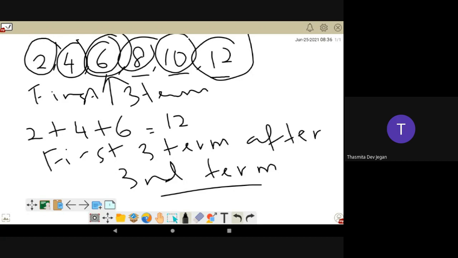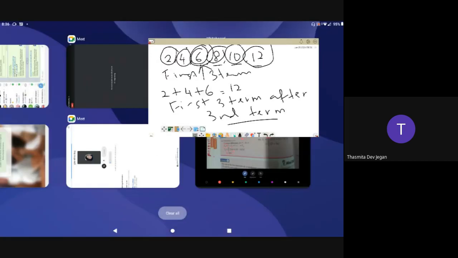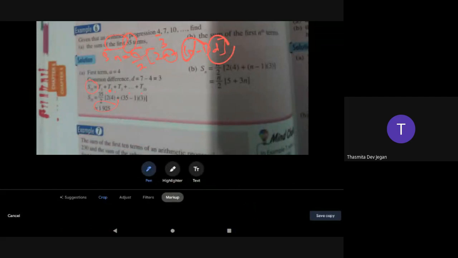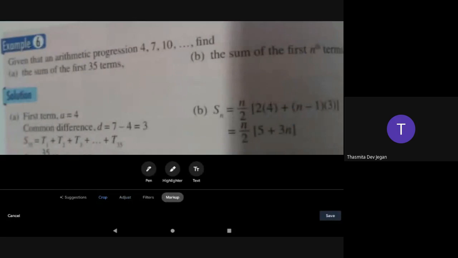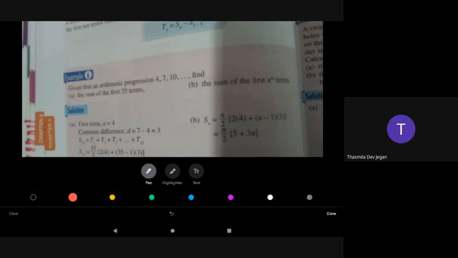So here let's continue example 6b, the sum of the first n terms. We use n as the n term here.